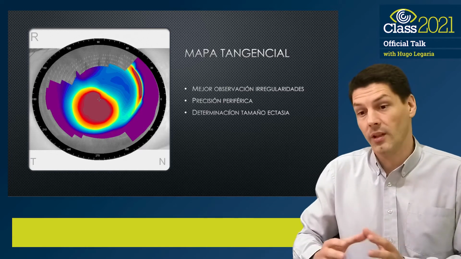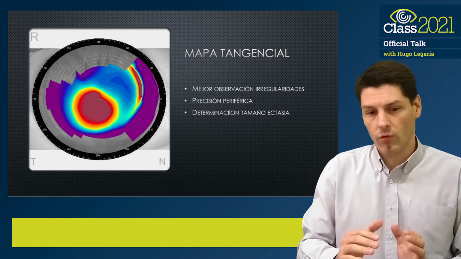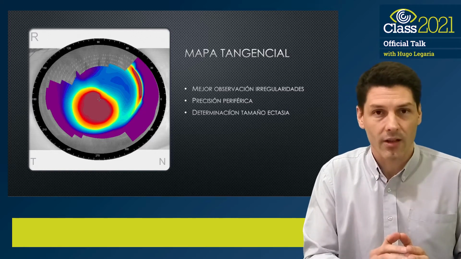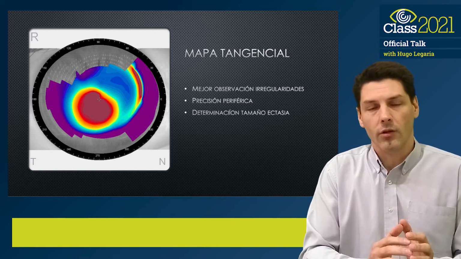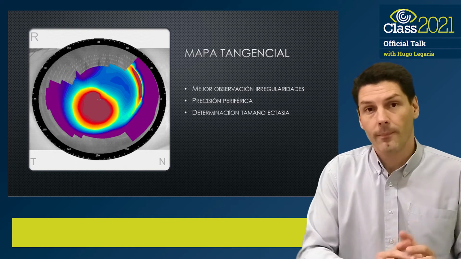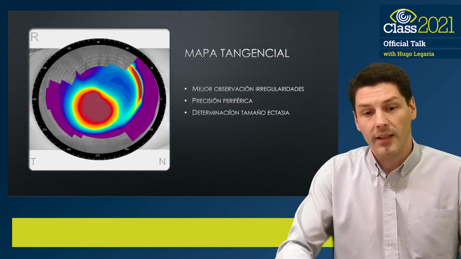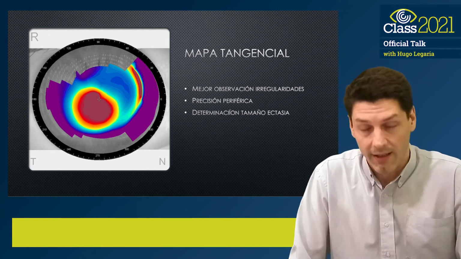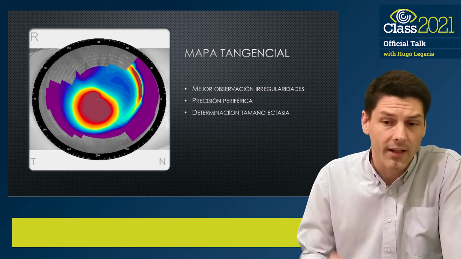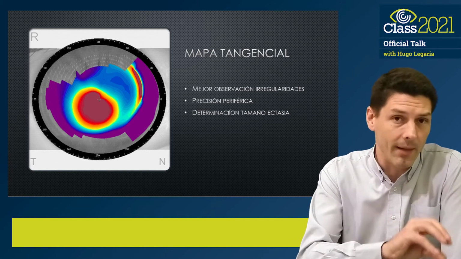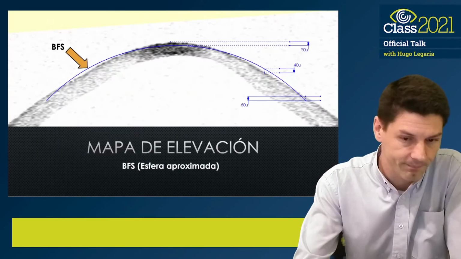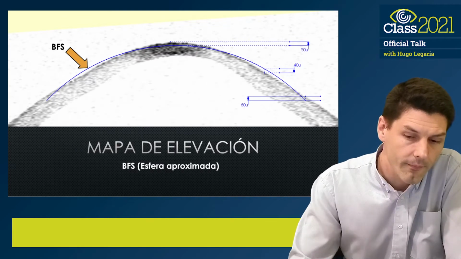However, when we look at the tangential, we see with greater clarity where the area with the highest point, with greater elevation really is, with respect to the rest of the tissue. This does not have much variation with respect to the normal, but it helps us to identify the exact diameter of the area with greater irregularity.